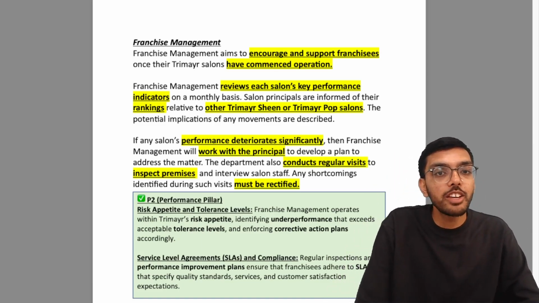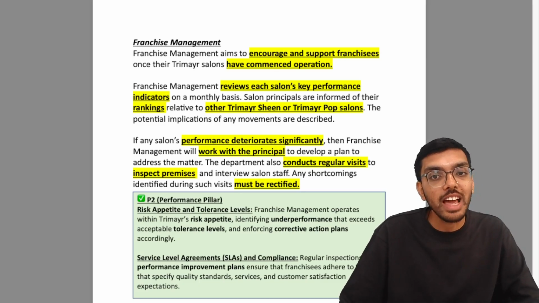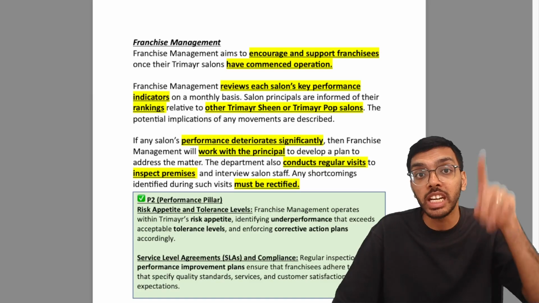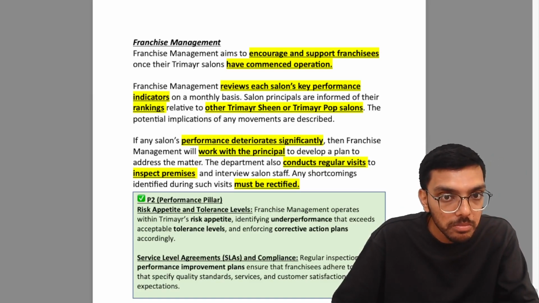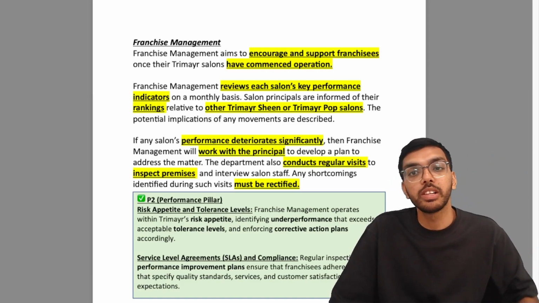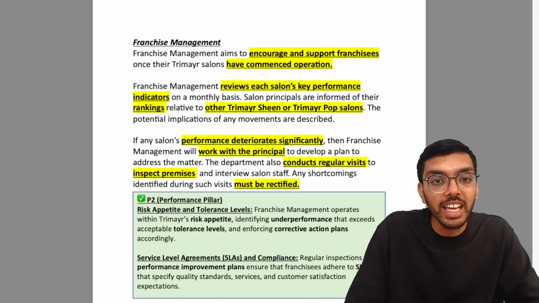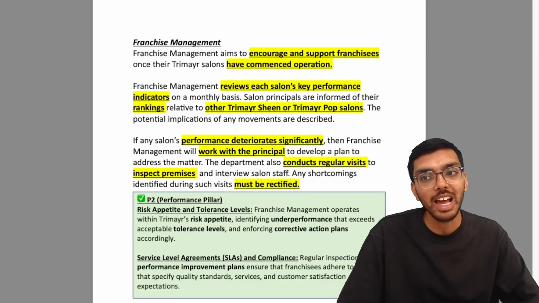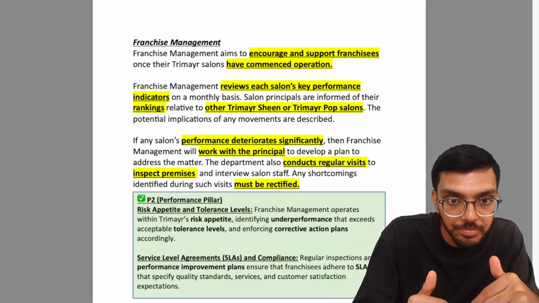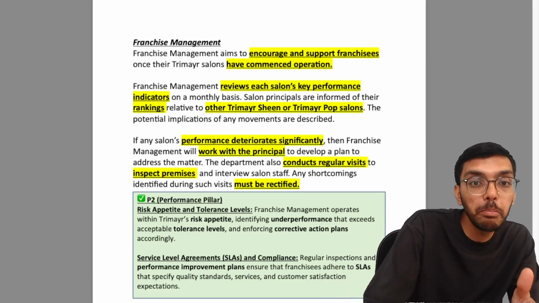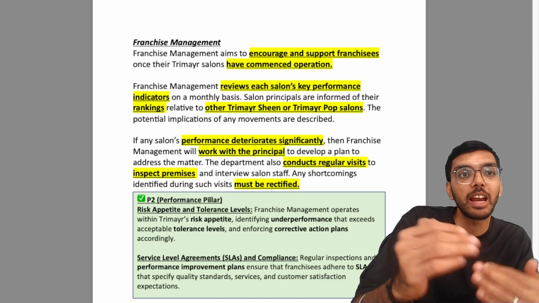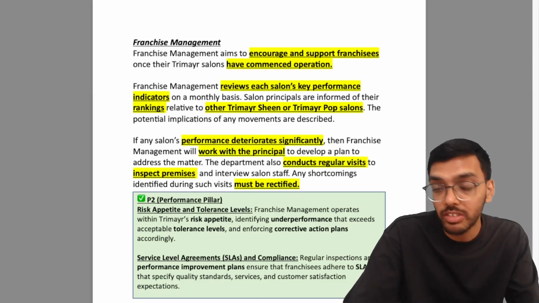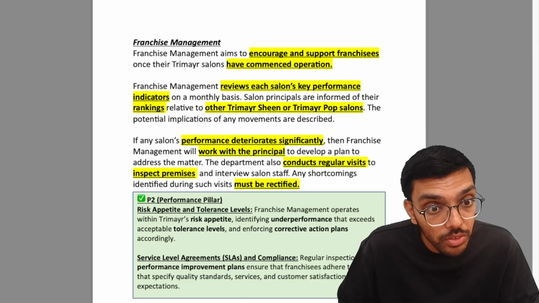So franchise management reviews each salon's key performance indicators on a monthly basis, those 7 indicators that were pointed out. Salon principals are informed of their rankings relative to other Trimayr Sheen or Trimayr Pop salons. Where do they stand? The potential implications of any movements are described. If you go up, what are the benefits? If you go down, what are the losses?